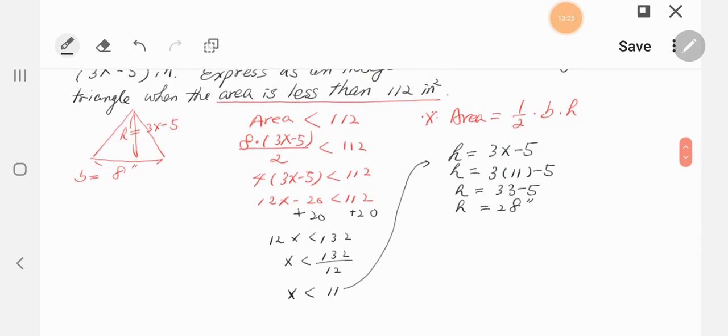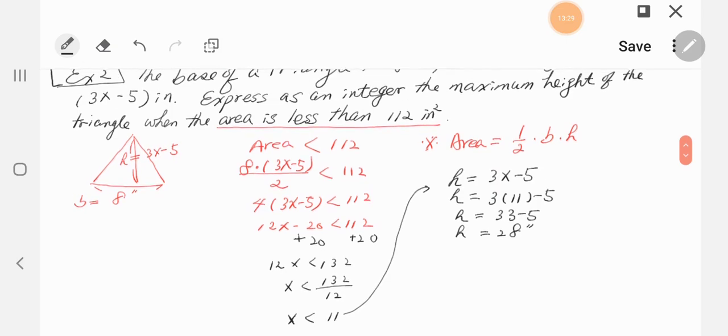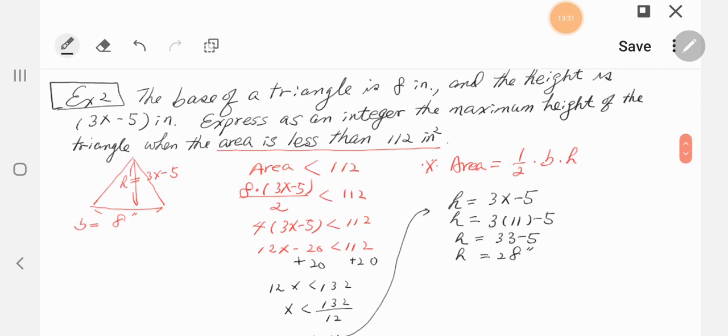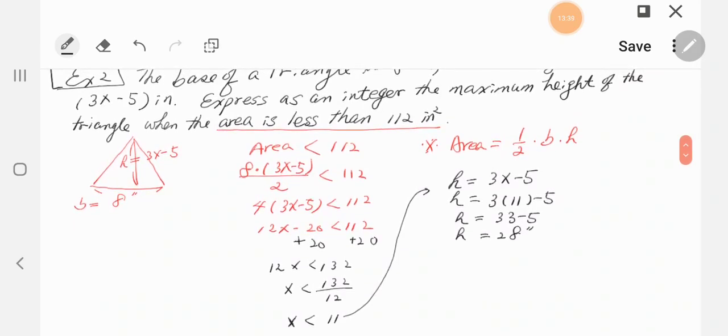So from this, the area, if h is 28, then what happens? That is equal to 112, right? X has to be less than 11.